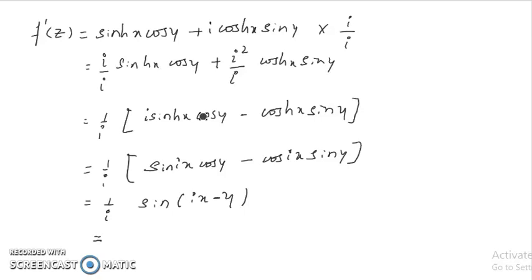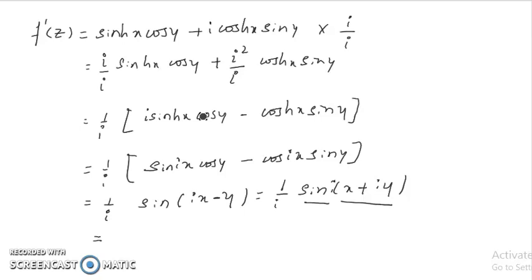Again, if I take this i out, we get 1 over i, sin of (ix plus iy). It happens because i into i squared is minus 1, so I have taken this out.